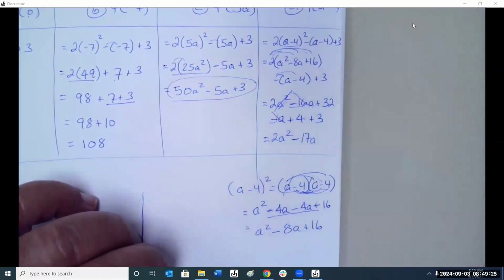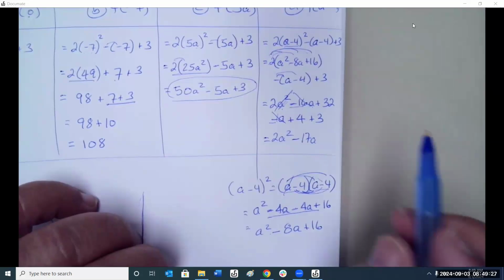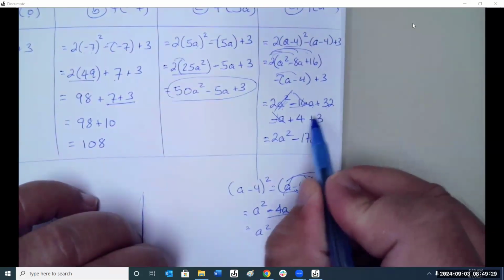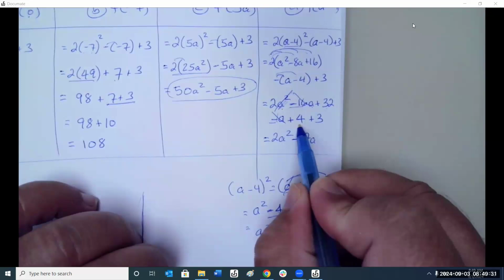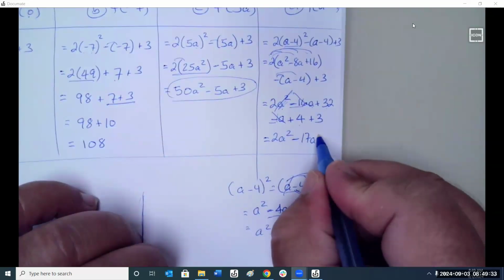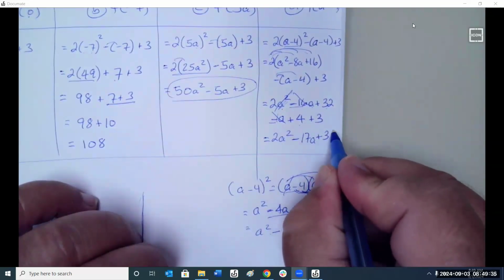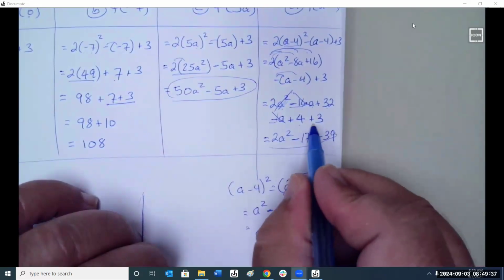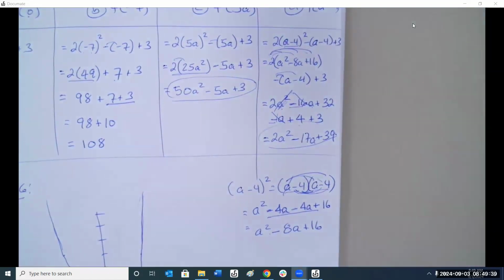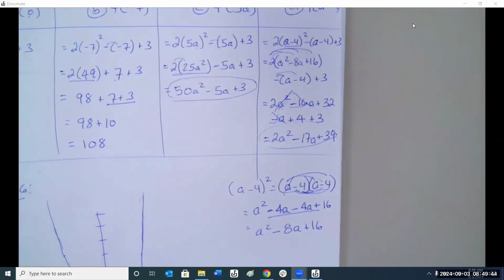So that's those 2 gone. 32 plus 4, 36 plus 3, and they're all positive, so it's positive 39. You've seen this stuff before, and you've slept since then, so I've got to refresh it. Any questions about those?